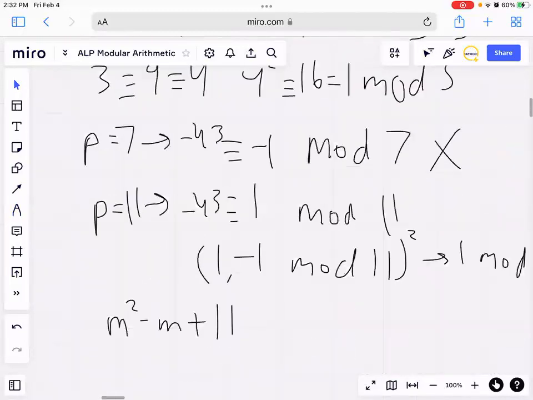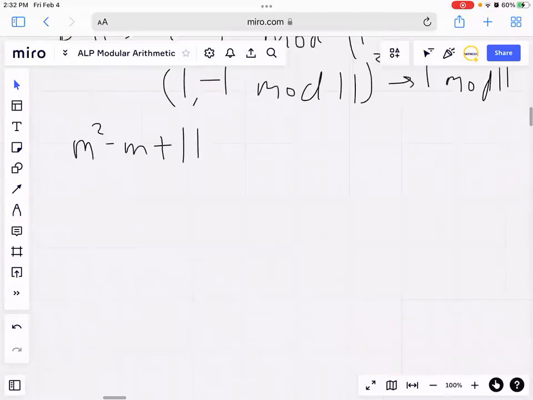Yes, m squared minus m plus 11 has to be greater than or equal to 11 to the power 4. And this is because none of the primes less than 11 could work.